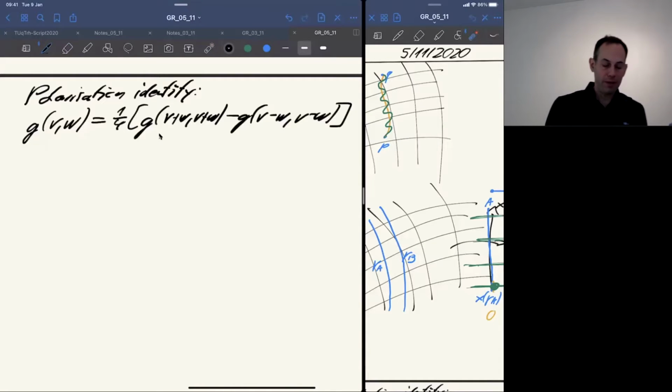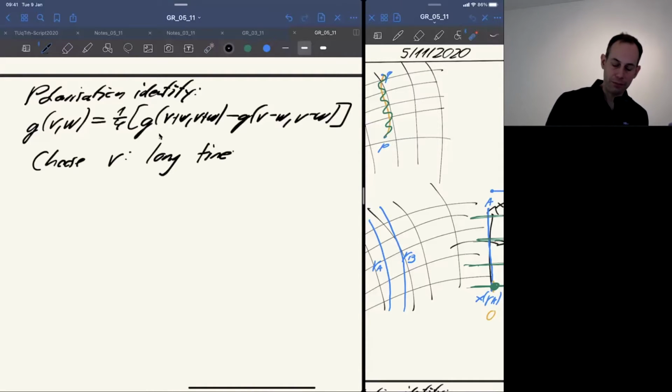But now we can even be more specific. We could make a choice. We could choose v as a long time-like vector and choose w as a short arbitrary vector.